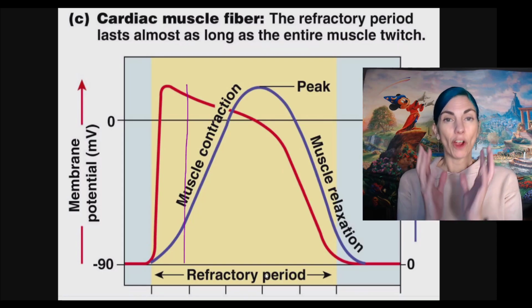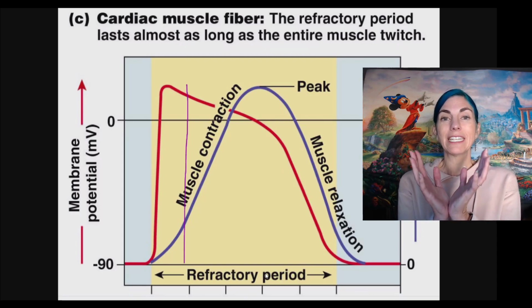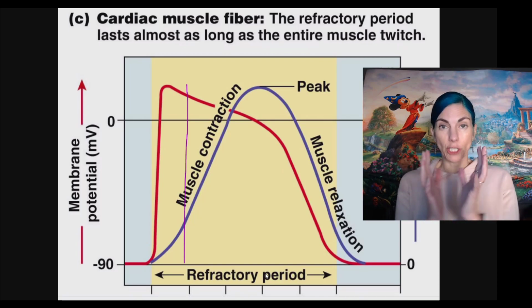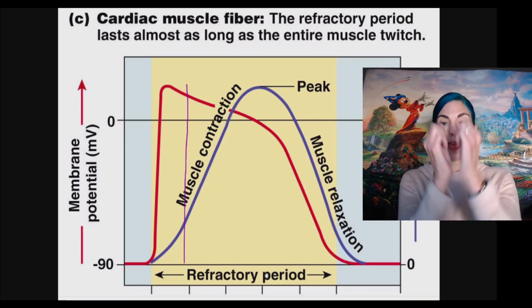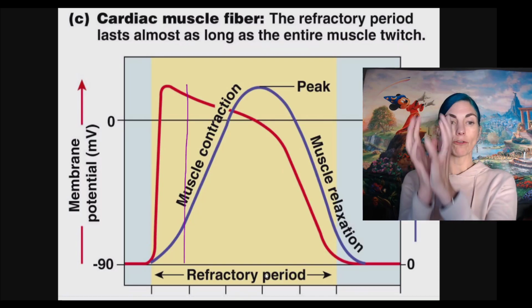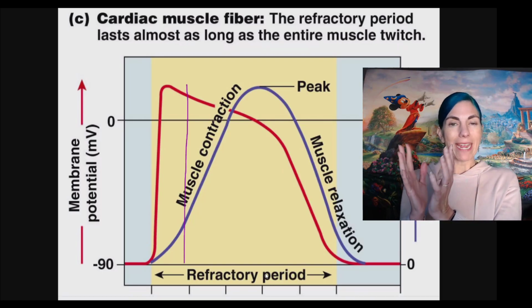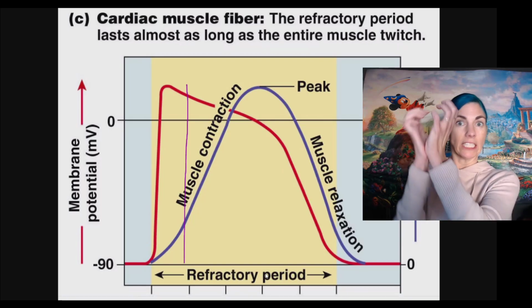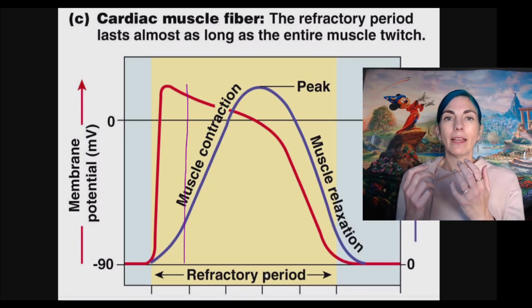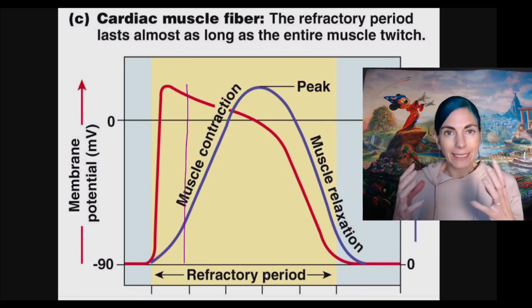In order for the heart to work, we need to be able to contract, to generate tension and push blood out, and then relax, right? So contract, relax, contract, relax. If I summate twitches, it's going to be like this. I have to let my heart relax every single time.